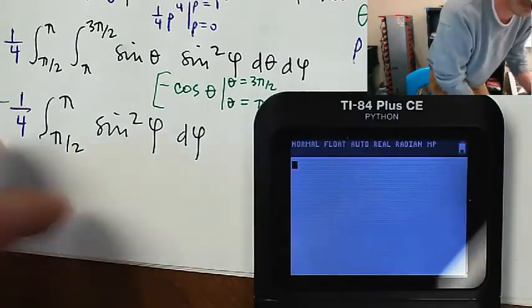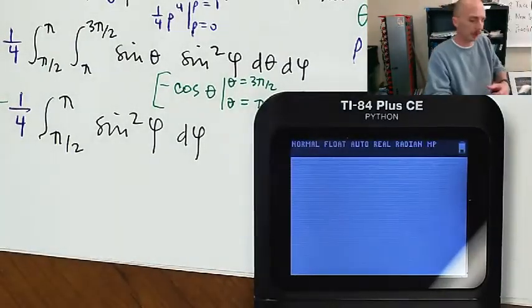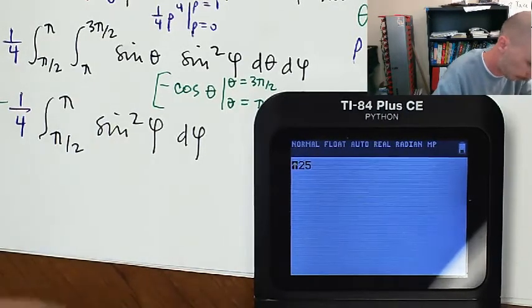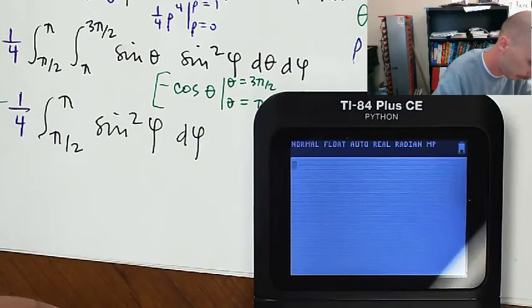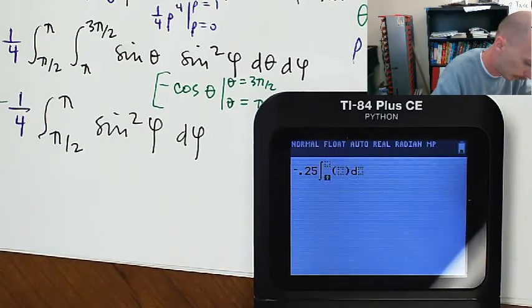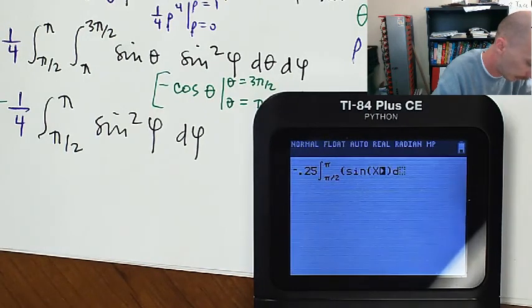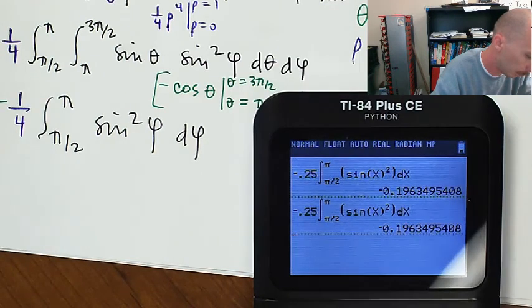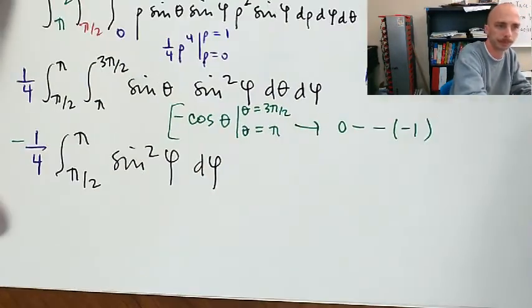I feel like this is not my calculator. Negative a quarter, negative 0.25 times the integral from pi divided by 2 up to pi of sine of phi squared d phi, is negative 0.196.